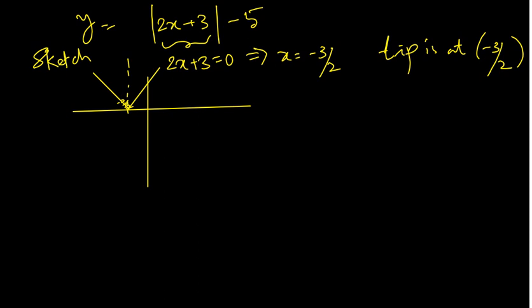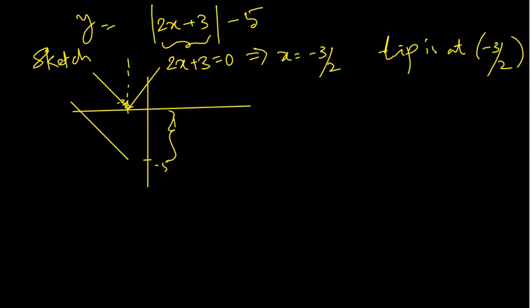And what we want is shifted down by 5, right? So you have negative 5 here, and the entire thing is shifted to this. So this is a shift. Okay, so you have a graph now.